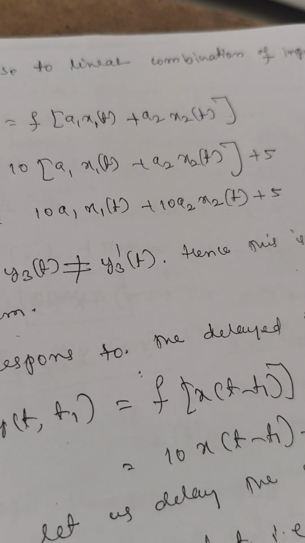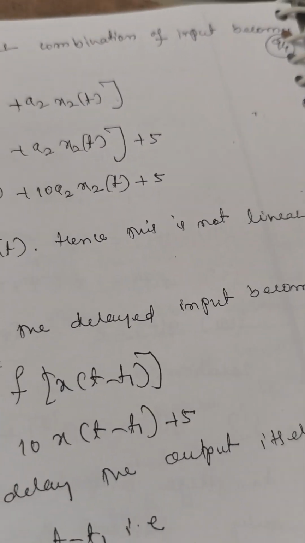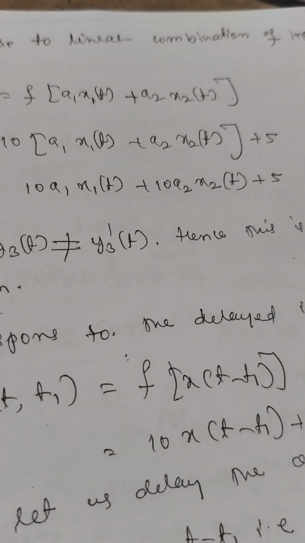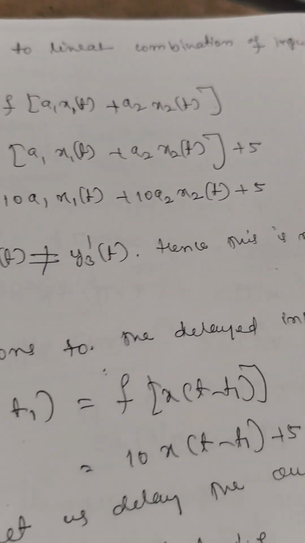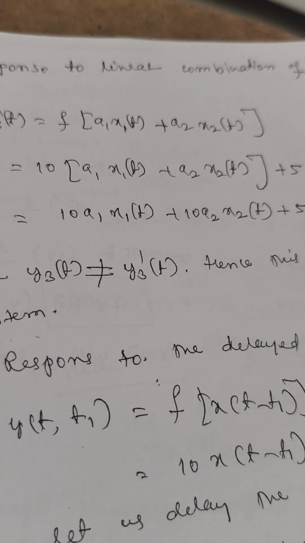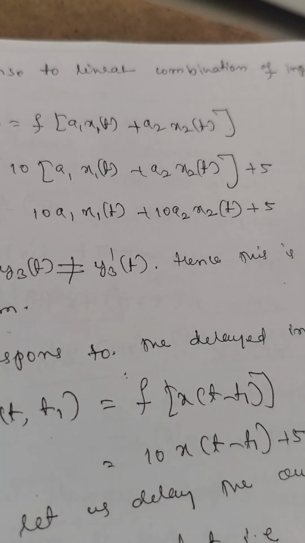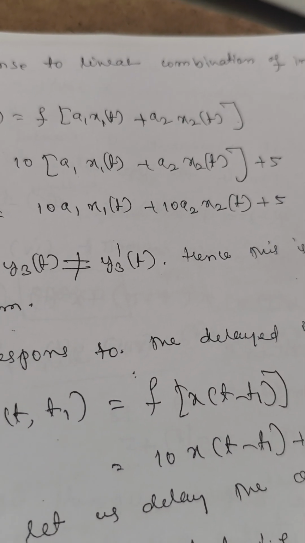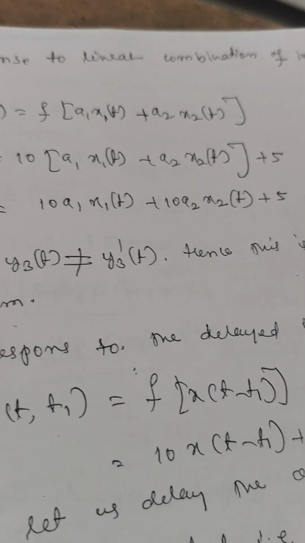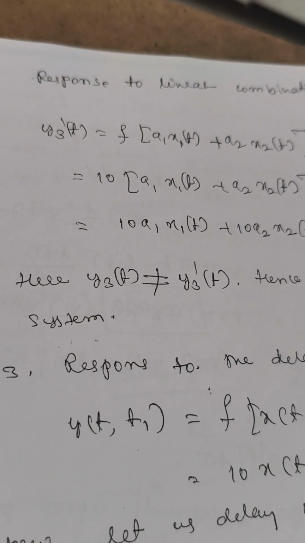Then when we multiply the 10 into the complete equation, it will be 10a1 x1(t) plus 10a2 x2(t) plus 5. This is your y3'(t).